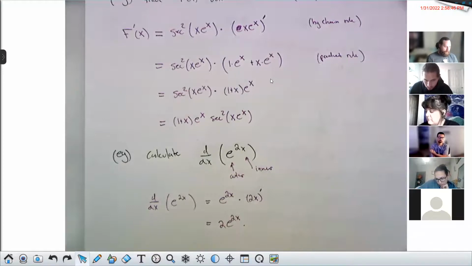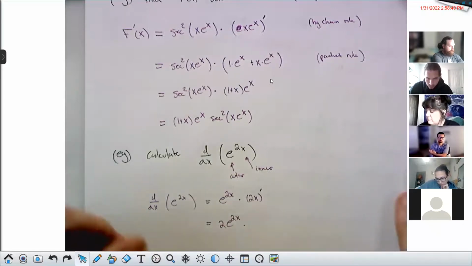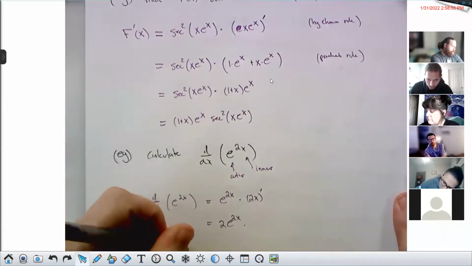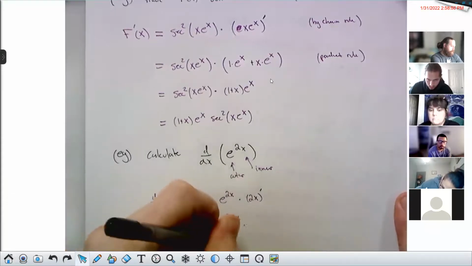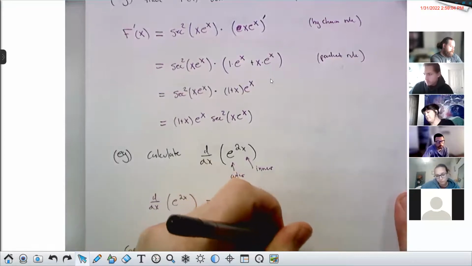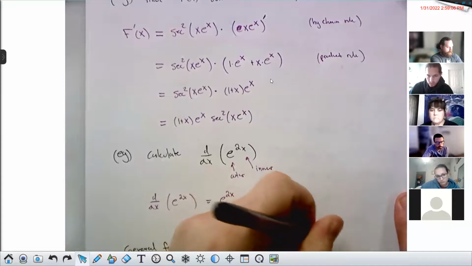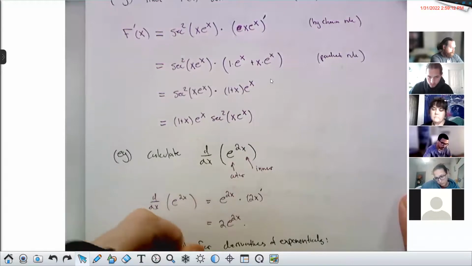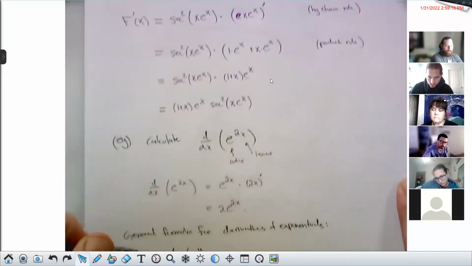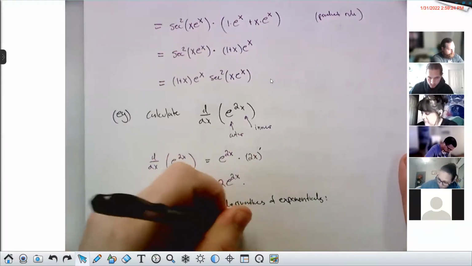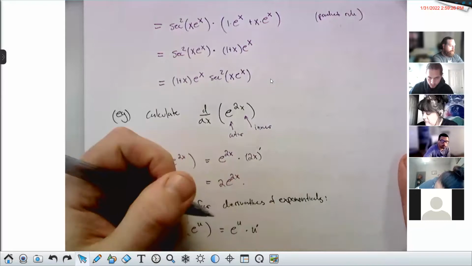And this is where I give you a kind of general use formula. If you want to differentiate e to some stuff, where u is a function of x, then this will be e to the u times u primed.